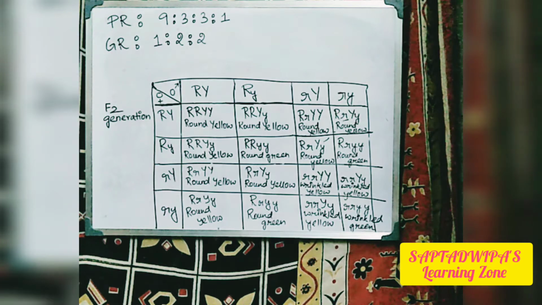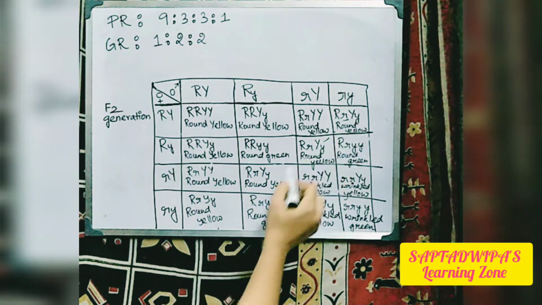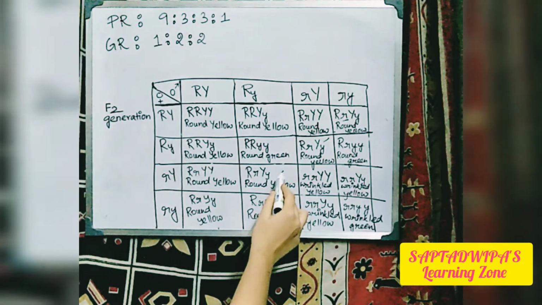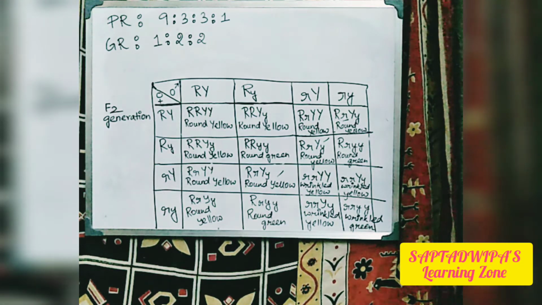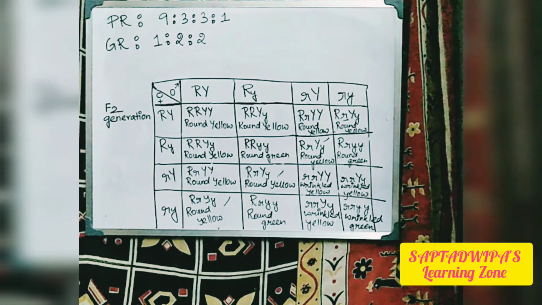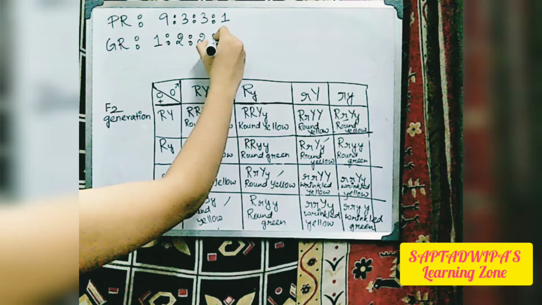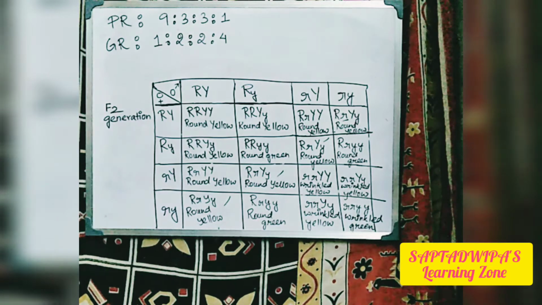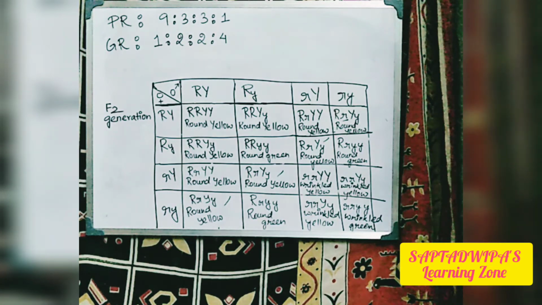Capital R, small r, capital Y, small y. Here we are getting, and here also we are getting. So how many did we get? 4. We got 4 in number. Okay, so 1:2:2:4 we have got.